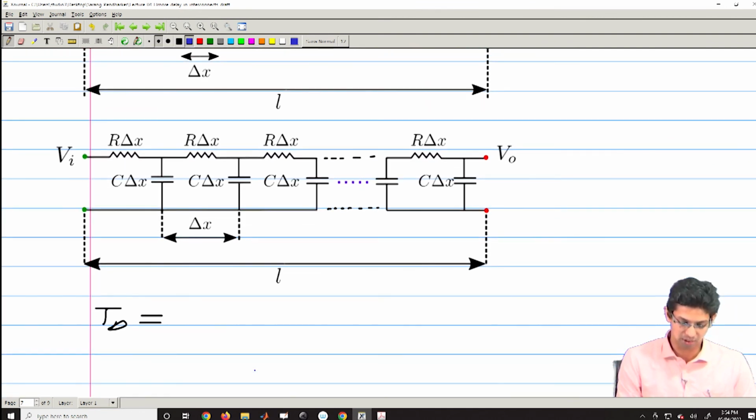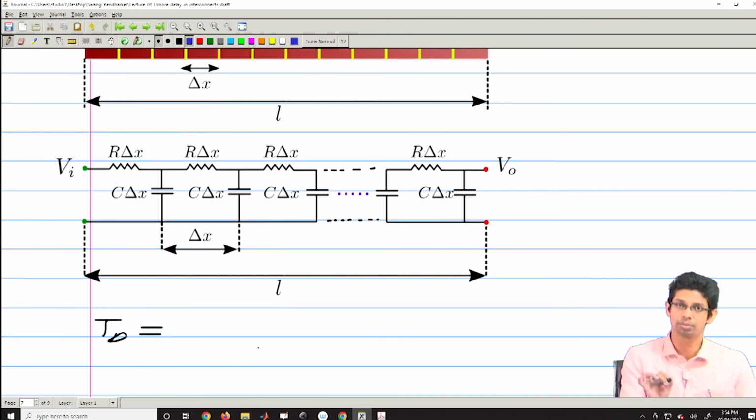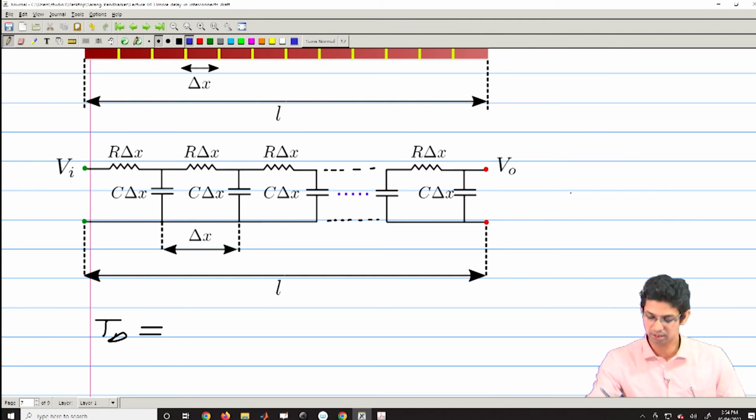For this, if I now want to write, I have not applied the limit, there are n elements here. So, right now my n is equal to L divided by delta x, or I can write n into delta x is equal to L.